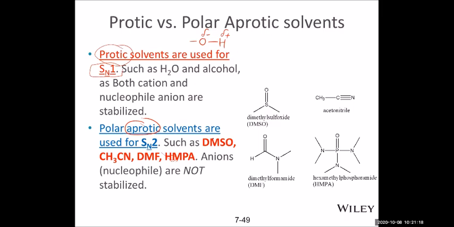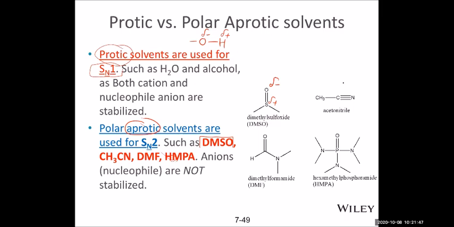You will see these solvents in the questions and the quizzes, and we use acronyms for those long names of organic compounds. DMSO, dimethyl sulfoxide, is a polar aprotic solvent.